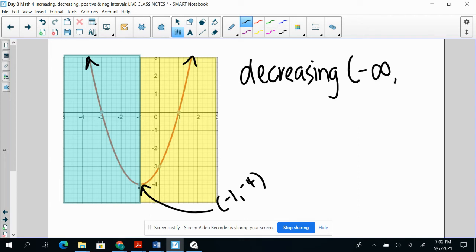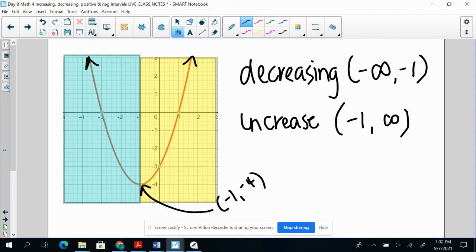And it's going to go until the x value of our vertex, so that -1, and then it's going to increase from -1 to positive infinity. So the outer portions of these are always going to be infinity. Again, the only thing you really need is the x value of your vertex, since this is a quadratic and there's only one turn point.